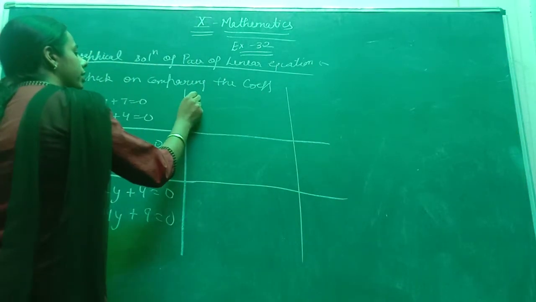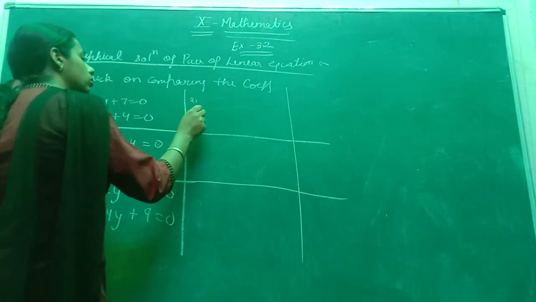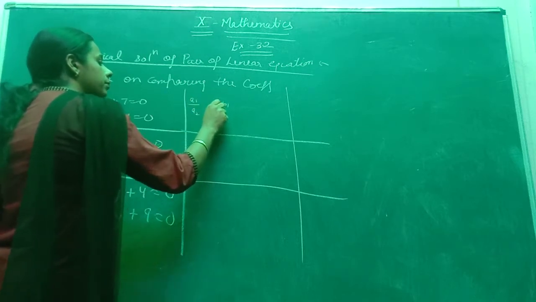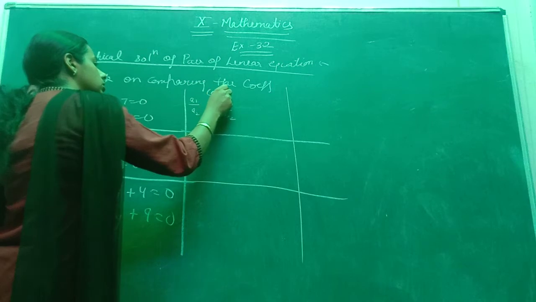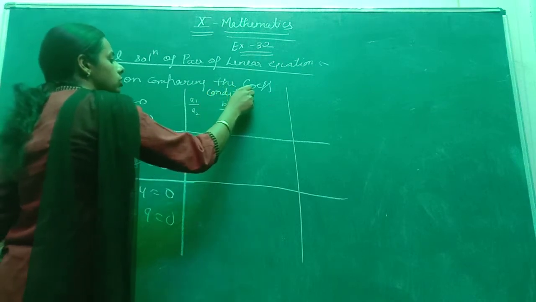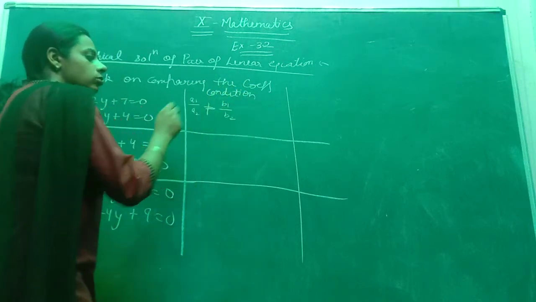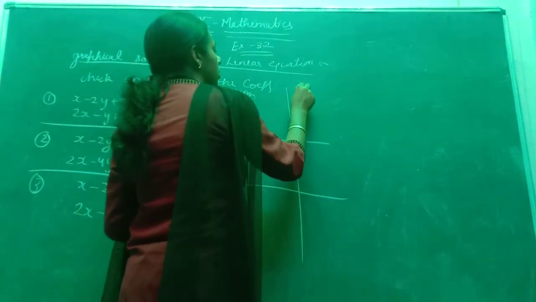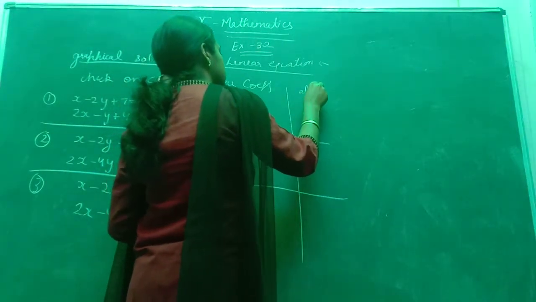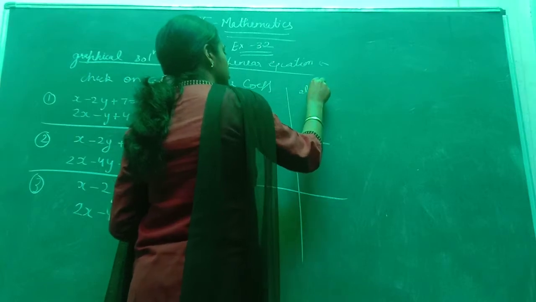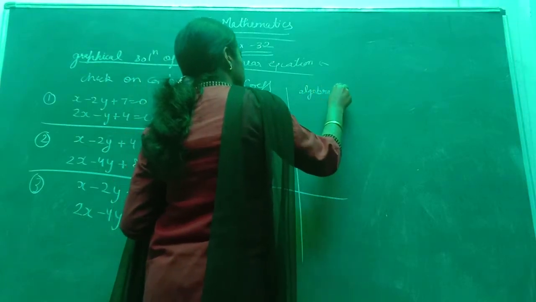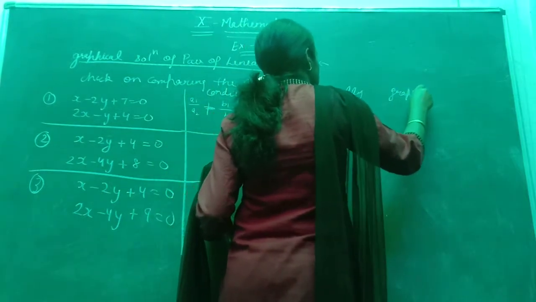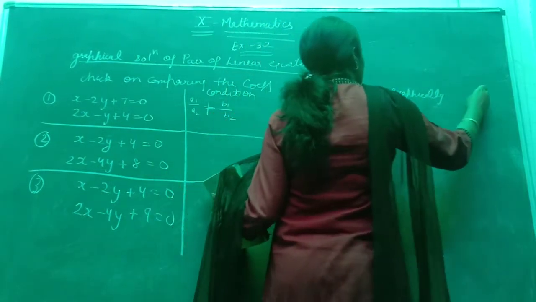Firstly, you have to find out the value of a1, a2, b1, b2, a1 by a2, b1 by b2. What is the condition? This is the condition actually which you have to check. If a1 by a2 is not equal to b1 by b2, then you can say that the algebraically and graphically and about the system.